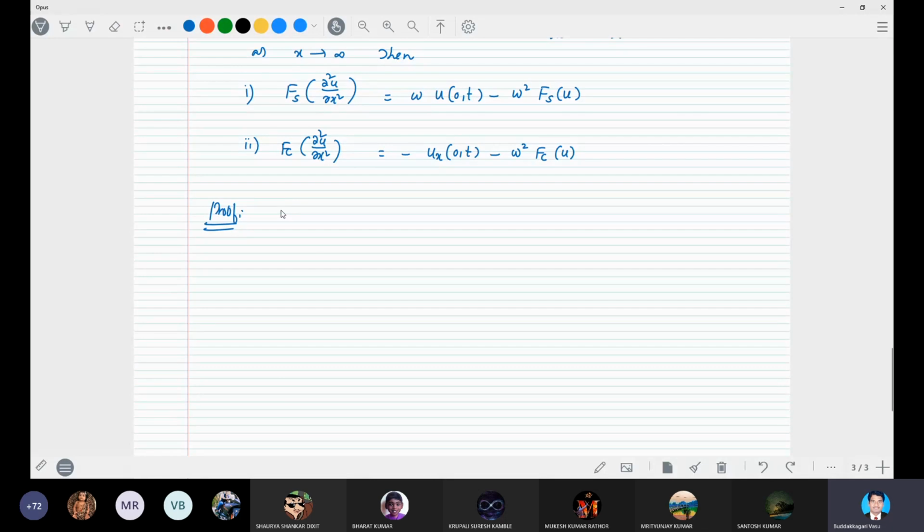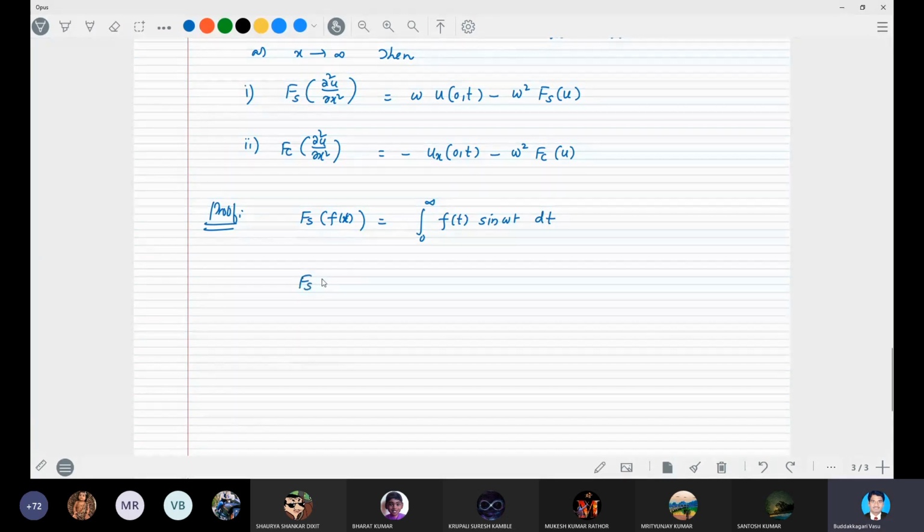So now we know that the Fourier sine transform of any function f(t) or f(x) is equal to integral 0 to infinity f(t) sine omega t dt, right?